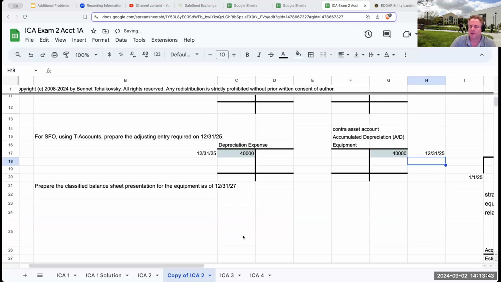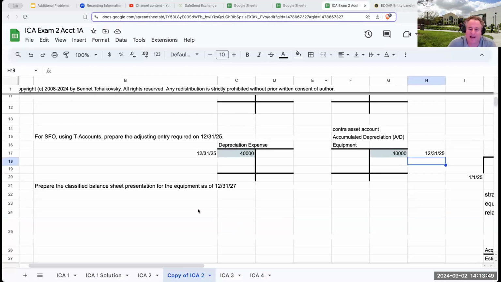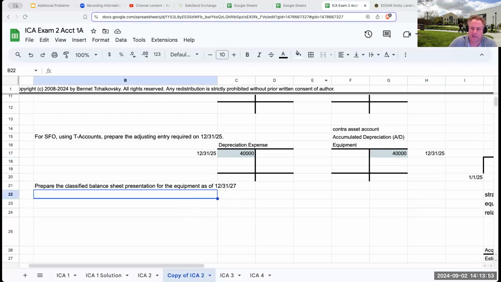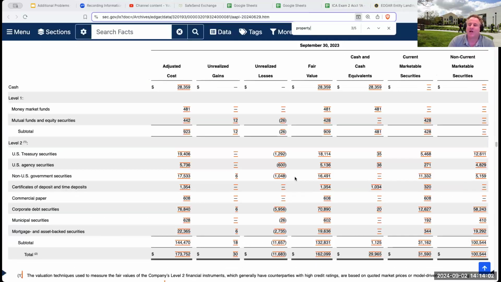So my balance sheet presentation is essentially going to look something like what I just pulled up with Apple. For balance sheet presentation, remember, we are now looking at what we call a classified balance sheet.